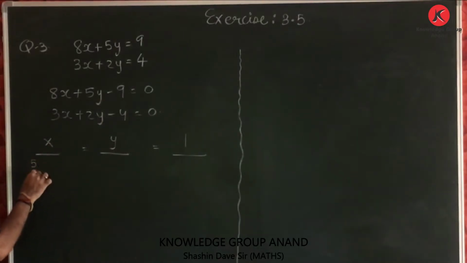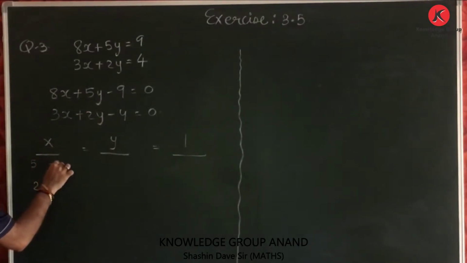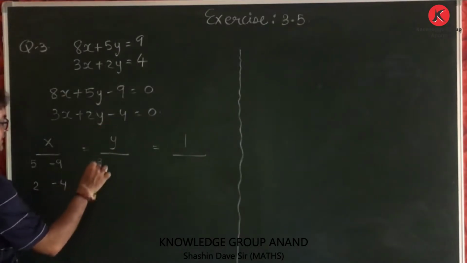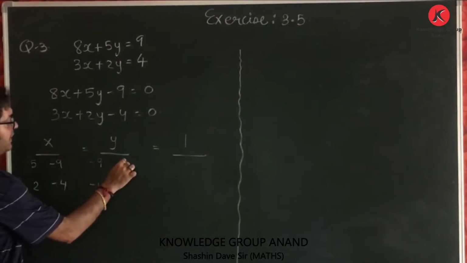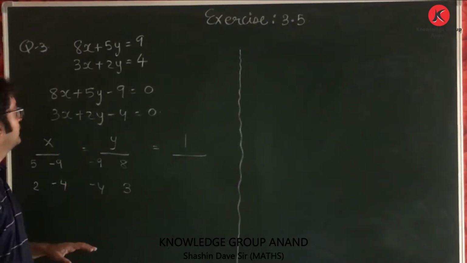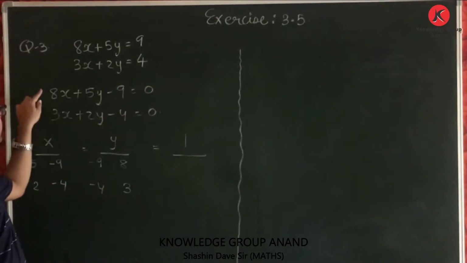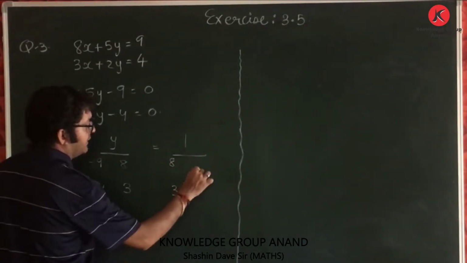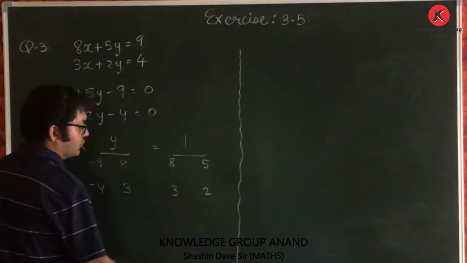So here I will have 5 and 2, minus 9 and minus 4. Below y, I will hide the y part and I will have minus 9, minus 4, 8 and 3. Below 1, I will hide the constant part. So I will have 8, 3, 5, 2.